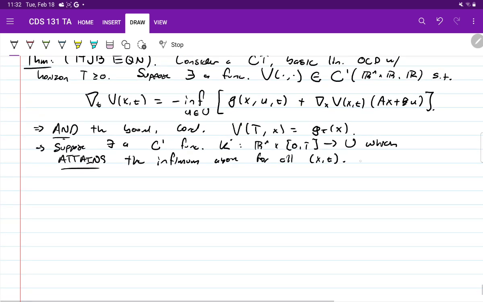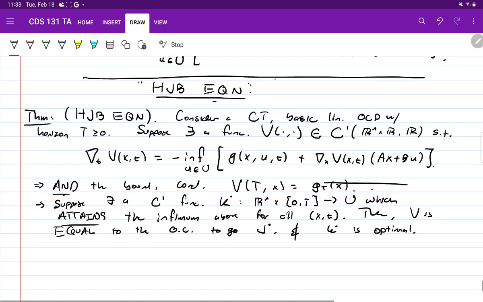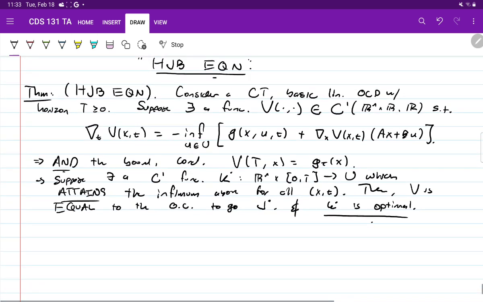Then what can we say? Then we can say V is in fact equal to the optimal cost to go, which is J star, and the control law k star is optimal. Okay? So basically what we find is a direct analog of this dynamic programming algorithm in continuous time.